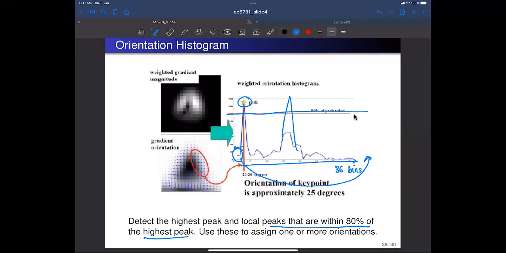Then you have two different orientations. So although you have one key point, you then have two key points. One is representing number 1 and the other is representing number 2. So there will be two images that you have to keep for that one key point. Is that understandable?